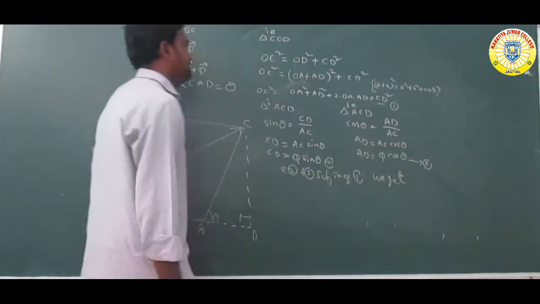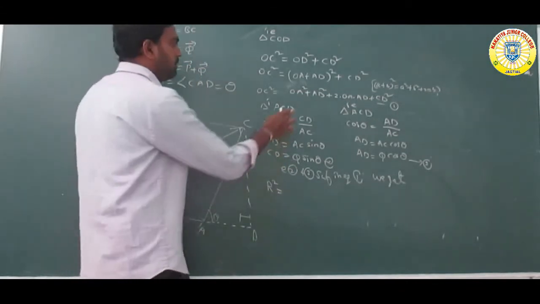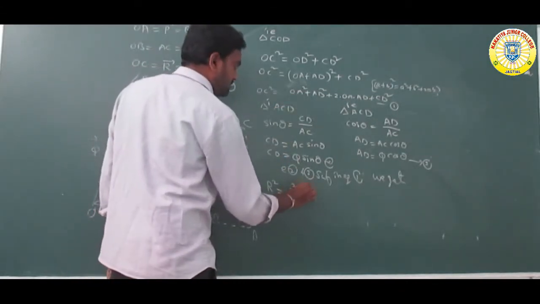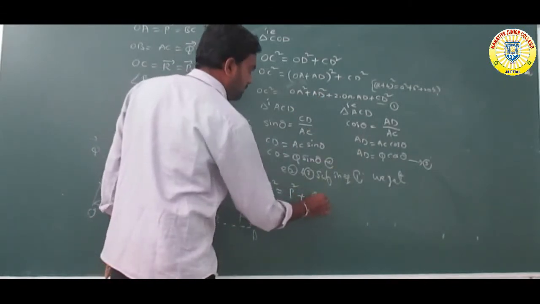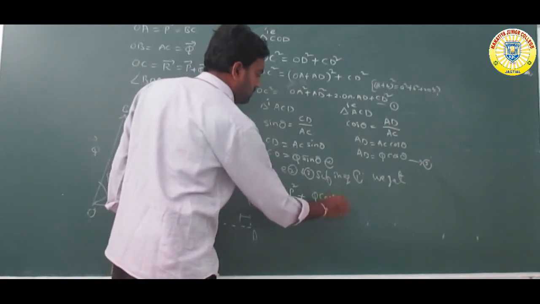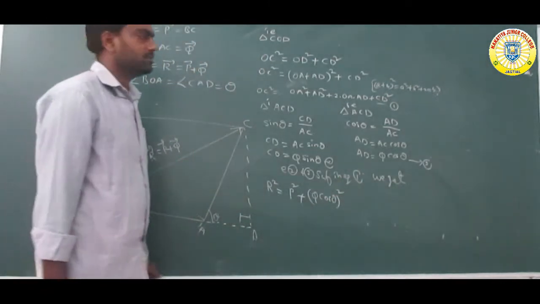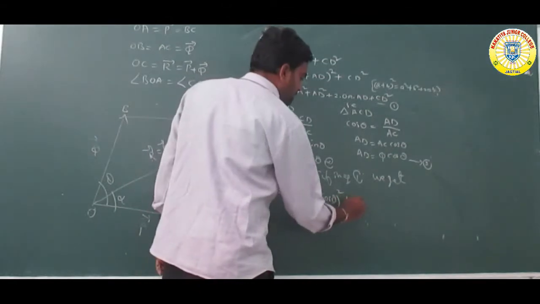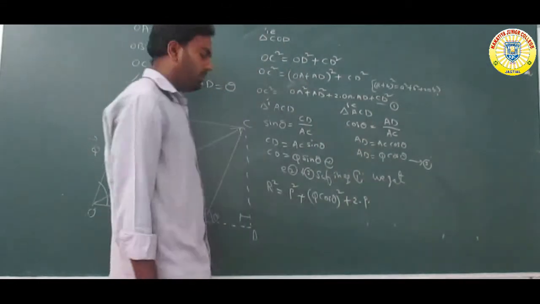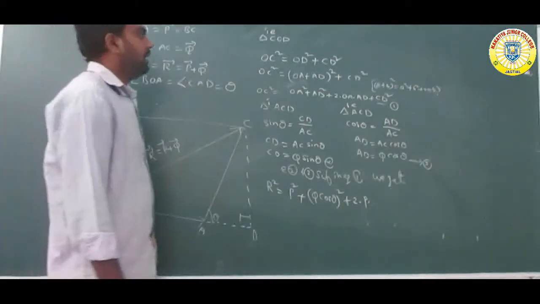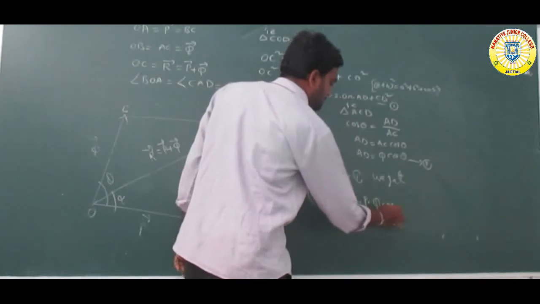We get OC square is equal to R square. OA square is equal to P square. AD square is Q cos theta whole square, or Q square cos square theta. Plus 2 into OA, OA means P, and AD is Q cos theta.